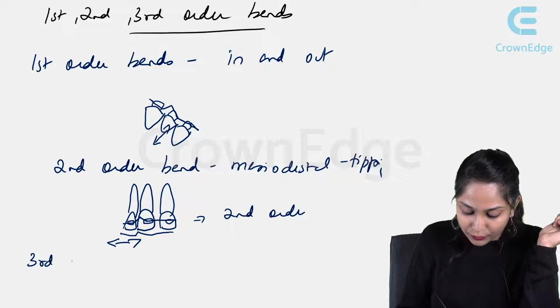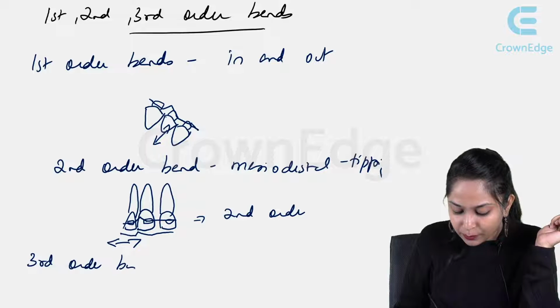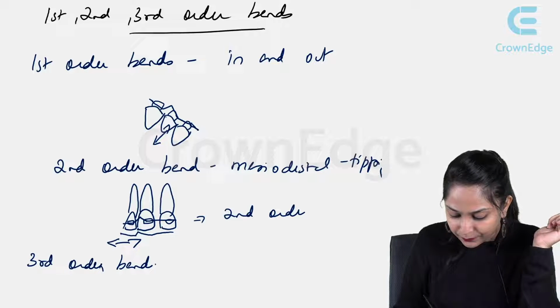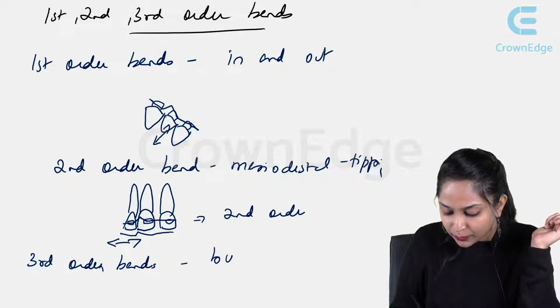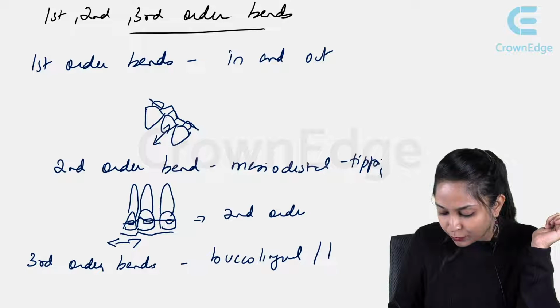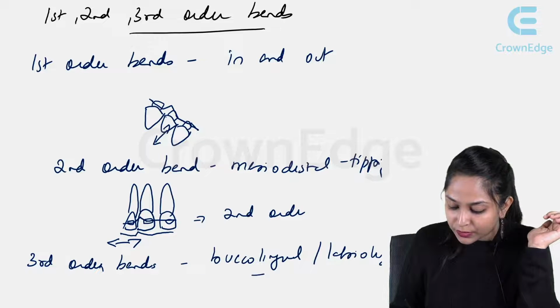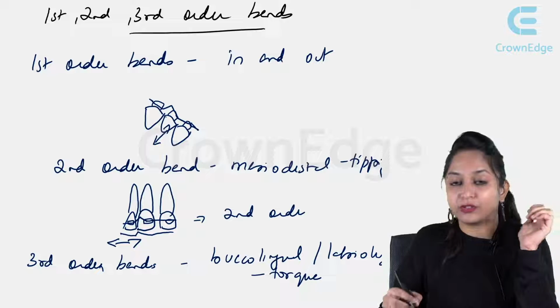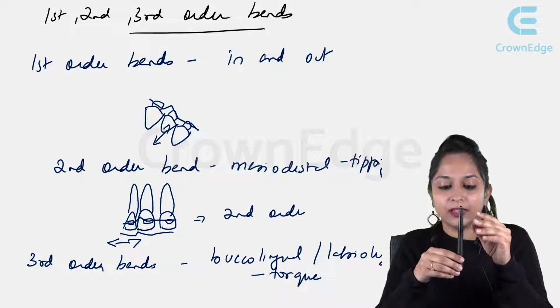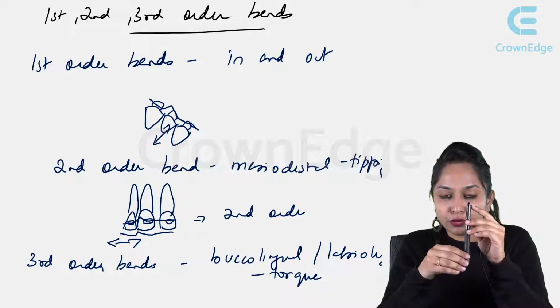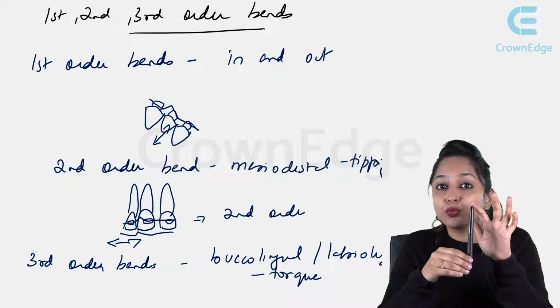Coming to the third order bends. Now third order bends, what you need to remember is it is buccolingual or labiolingual. But the most important thing to remember here is it brings about torque. Now what is torque exactly? It's not just that the crown is moving, but even the root is going to move.